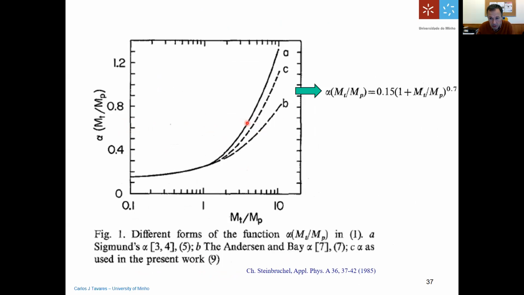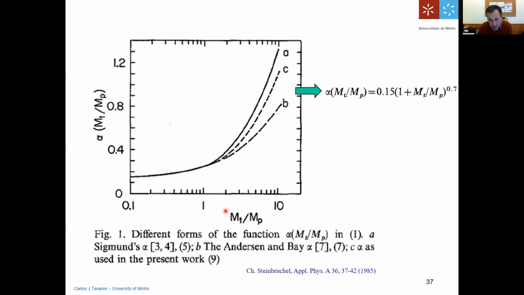And they made these curves using different approaches, either from Peter Sigmund or from other scientists who were studying this. These are results from 3 different groups. You see that when the ratio between the mass of the target and the mass of the projectile is about 1, there's a good match between the work of all 3 groups.